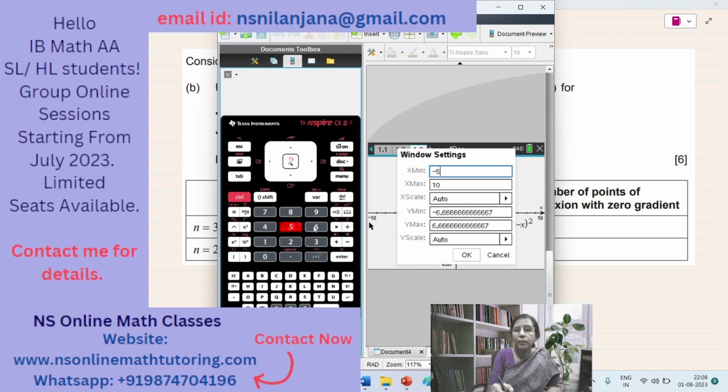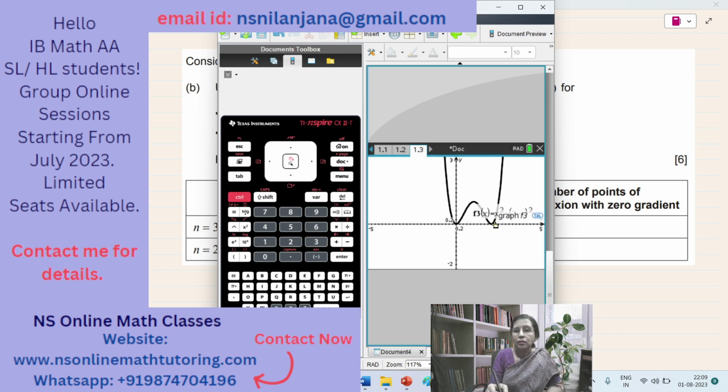I can take from -5 to +5, and this can be taken from, it is not going below, so I can take this from -1, or fine, -2 is fine. This can be taken up to +3. Better.